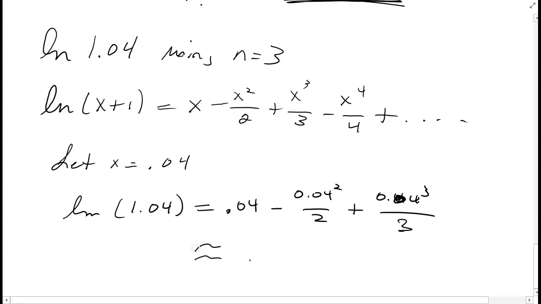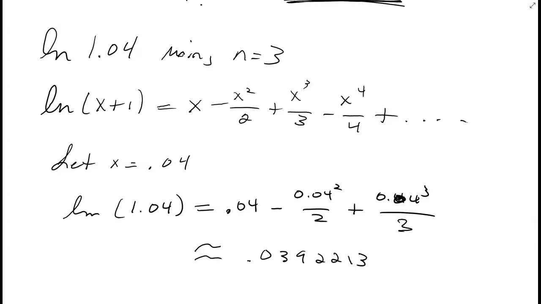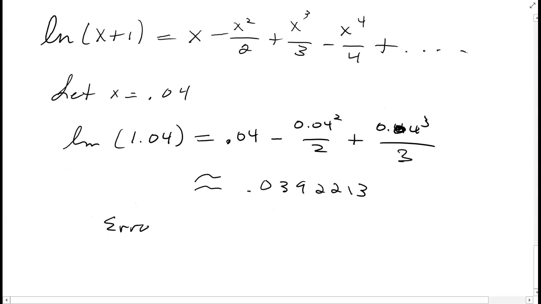And that's approximately 0.03922213. Then to get the approximate error, we would just take the next term, 0.04 to the 4th over 4. That's going to give me about 0.0000064.